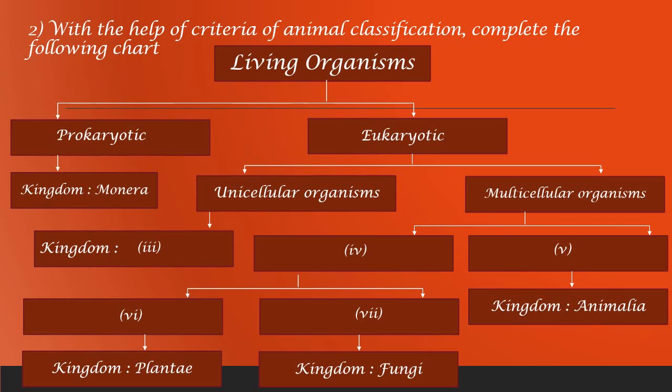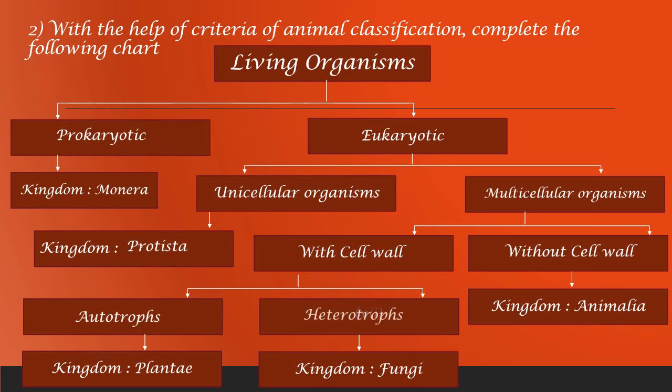Unicellular organisms belong to kingdom Protista, and multicellular organisms are further classified by the presence or absence of cell wall, that means with cell wall and without cell wall. With cell wall, the organisms can be autotrophs and heterotrophs. Autotrophs belong to kingdom Plantae, heterotrophs belong to kingdom Fungi, and the multicellular organisms without the cell wall belong to kingdom Animalia.